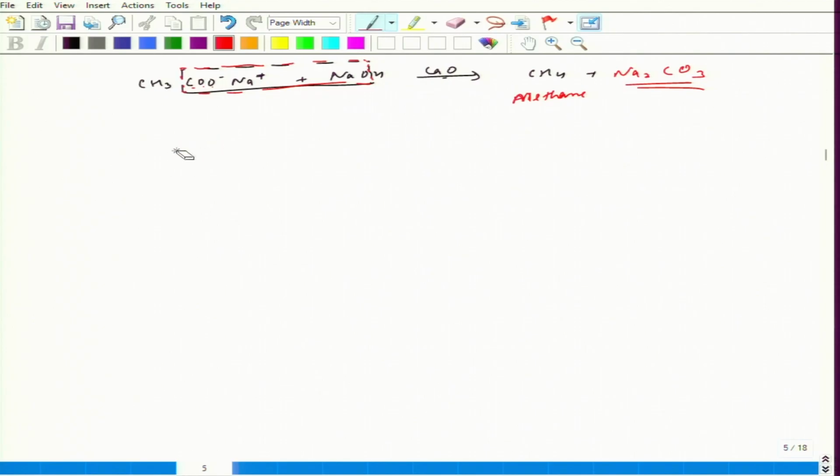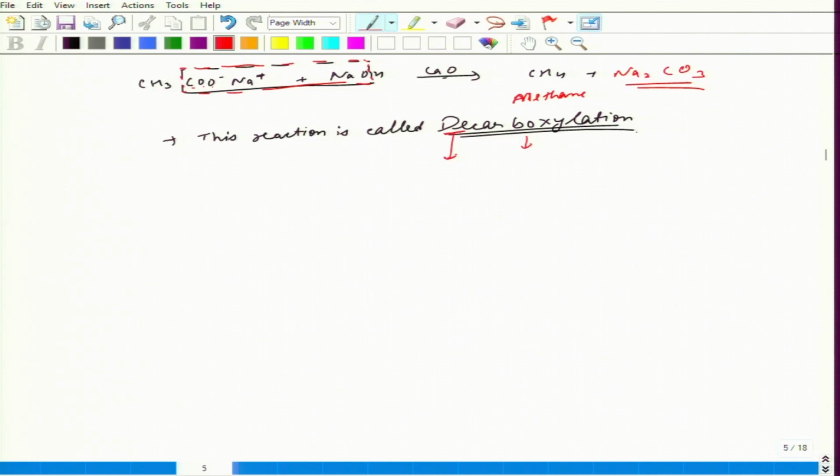If you have to form ethane, this is an example of this reaction, which is called decarboxylation. Okay, decarboxylation. What do we mean by decarboxylation? Whenever such names are written in any book you encounter, just try to break the word. D means removal.